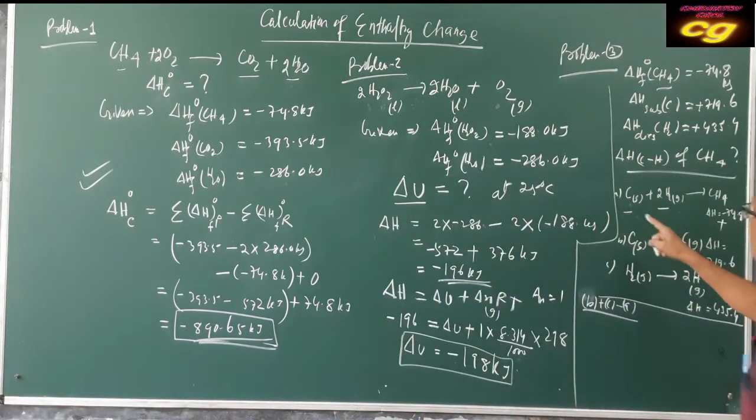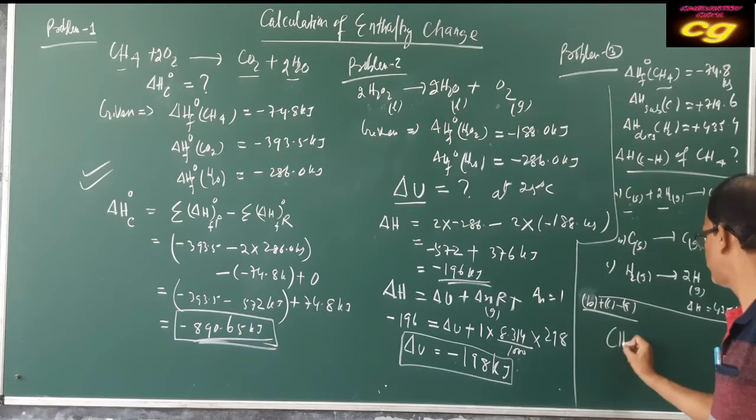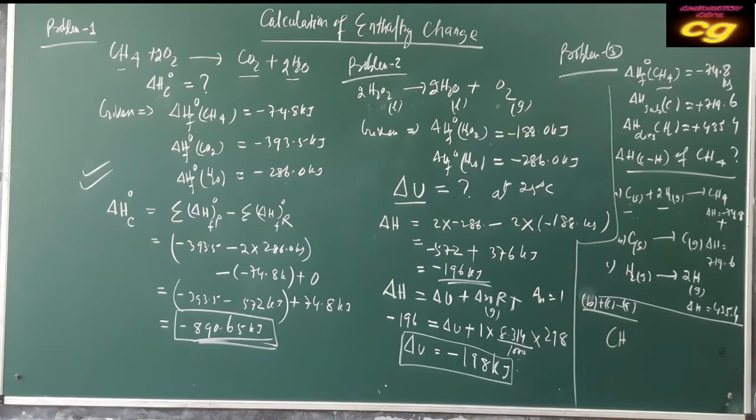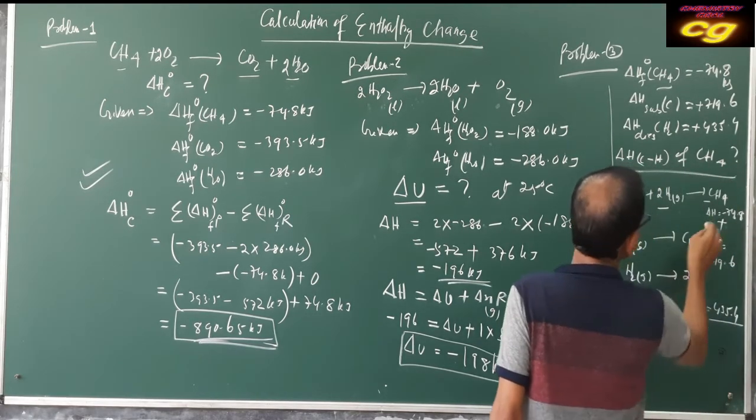Here what happens, minus minus plus means CH4 will be on the left side. With the minus equation, my CH4 will come to the left side. So CH4(g).